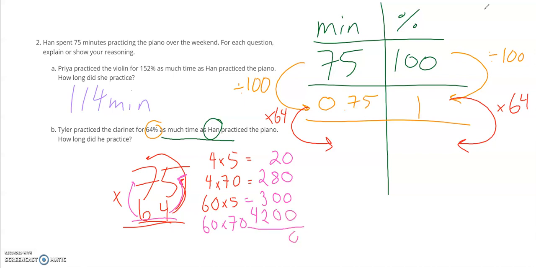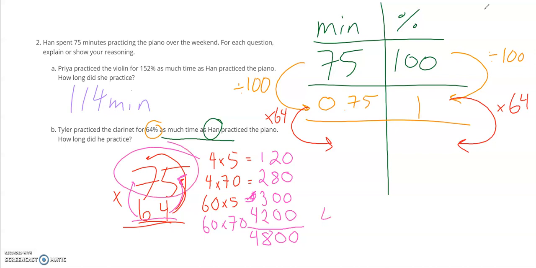Now we have to add these all up. Zeros. 8 and 2 is 10. 2 and 2 is 4. Plus 3 is 7. Plus 1 is 8. No, we don't have to carry a 1, sorry. 8. And then we have 4. So remember we turned this into cents.